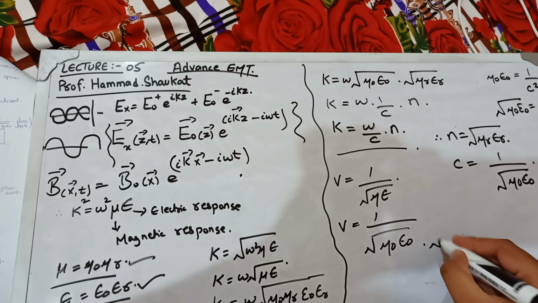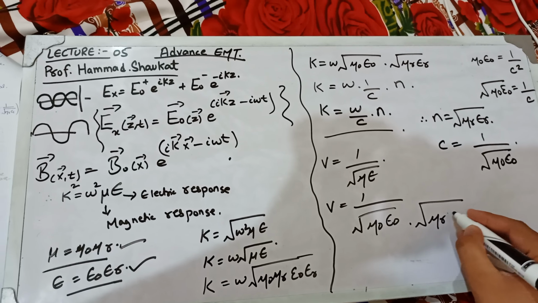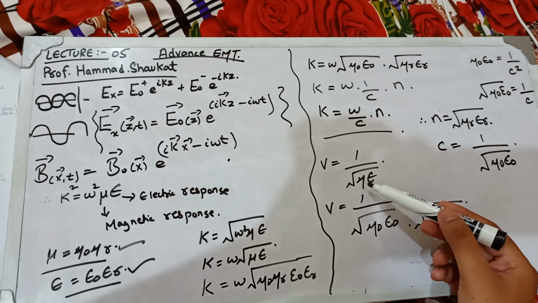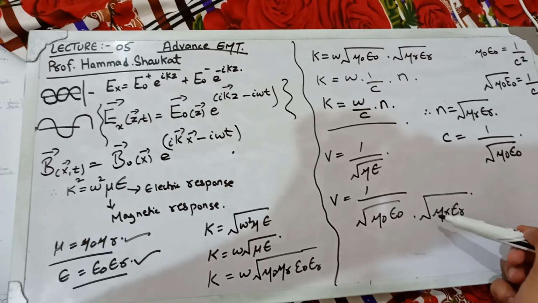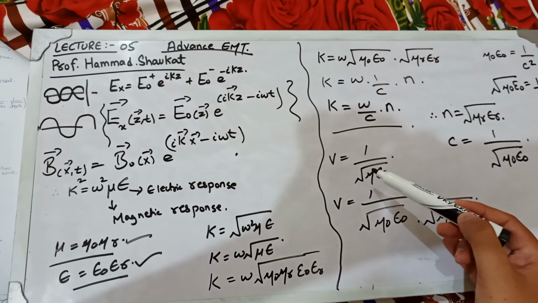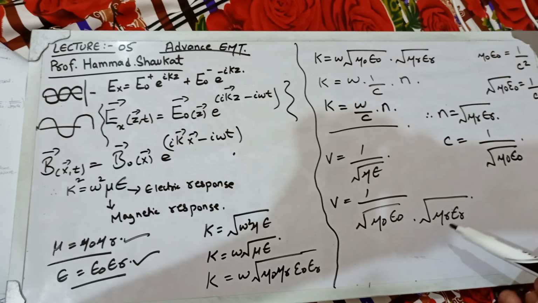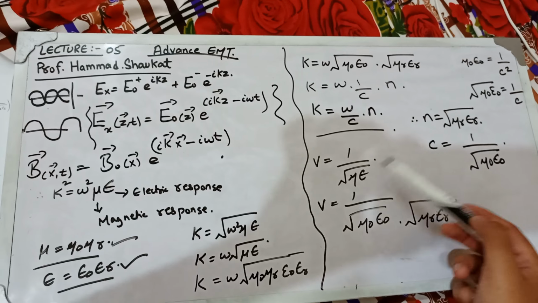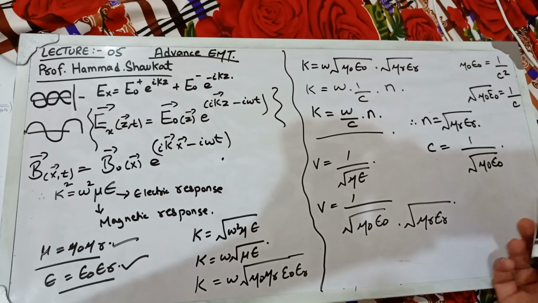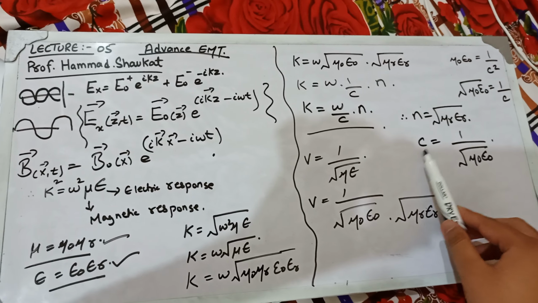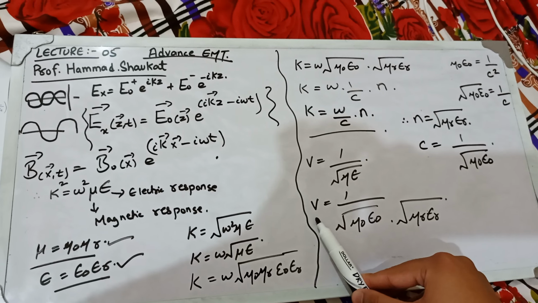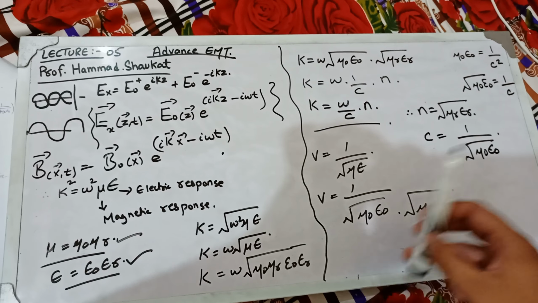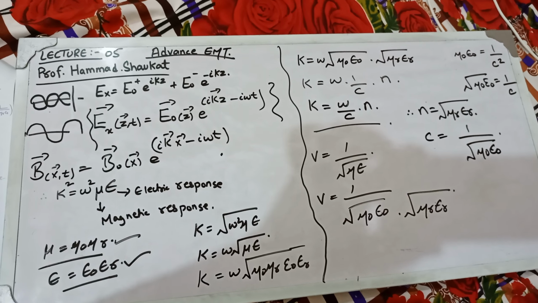Similarly, the velocity is also equal to 1 by the square root of mu and epsilon. So v equals 1 by the square root of mu naught epsilon naught multiplied by the square root of mu r epsilon r, because mu is mu naught mu r and epsilon is epsilon naught epsilon r, as I told you here. Velocity and c are basically the same; c is the speed of light, and this v is the general velocity in the material. So this is how you can find it.